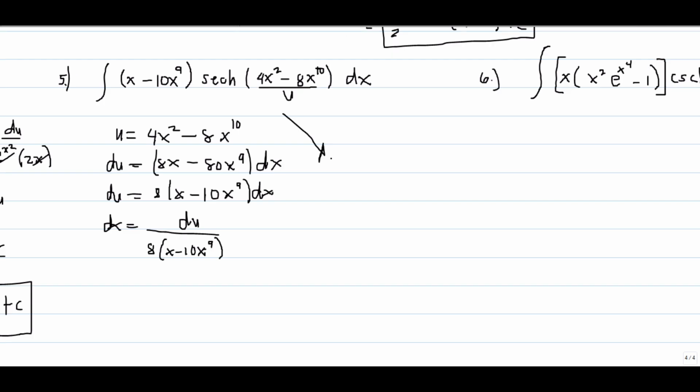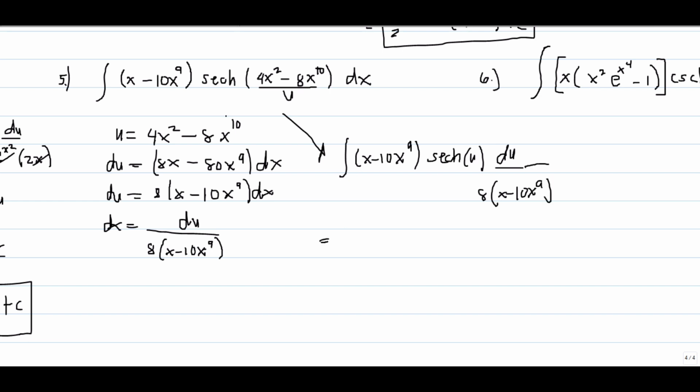We change the given: we have the integral of the quantity x minus 10x to the power 9, then sech u, and dx here is equivalent to du over 8 times x minus 10x to the power 9.